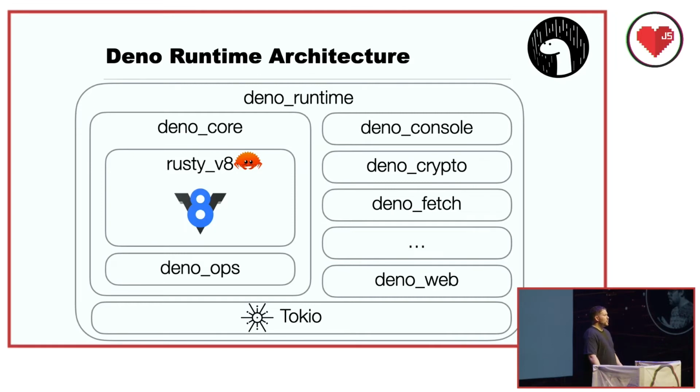This also brings Tokyo into the mix, so this is where you'll start dealing with the event loop and async I/O and all of that. And then on the right-hand side of the image here, there are a bunch of crates that are used to implement various APIs, like Deno Web, for example, implements web platform APIs. Deno Fetch implements Fetch. Deno Crypto for crypto, etc. I didn't list them all here, but that's kind of the big picture.